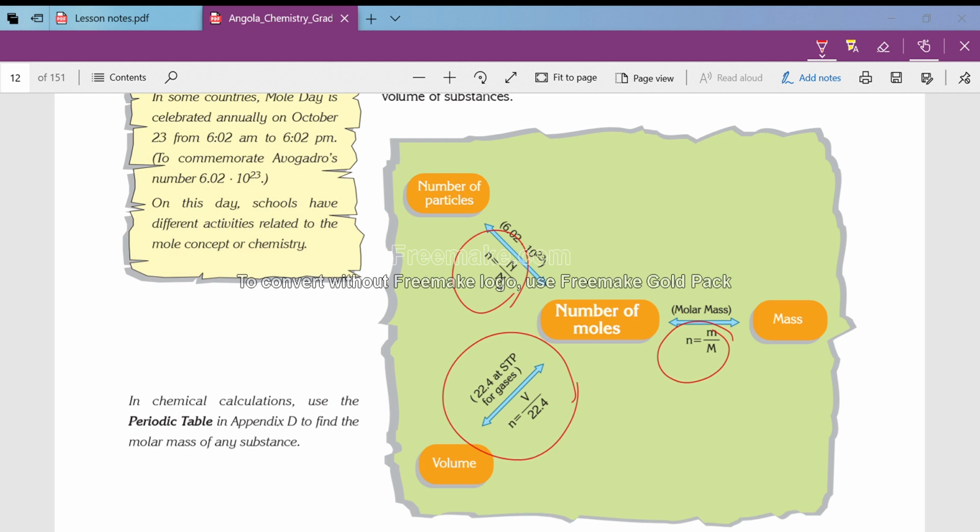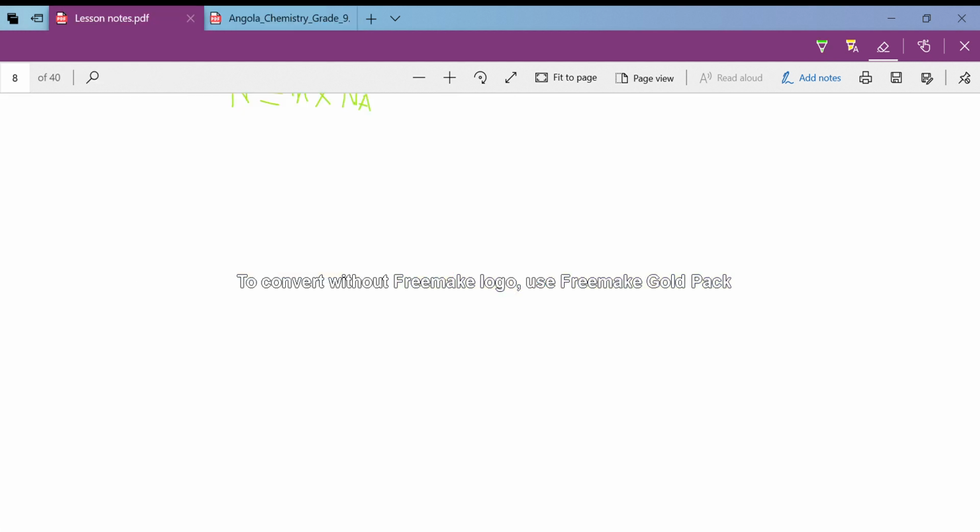So the formula is number of moles equal to volume divided by the molar volume. And we know that the molar volume is 22.4 liters per mole. So this will be our formula for volume.